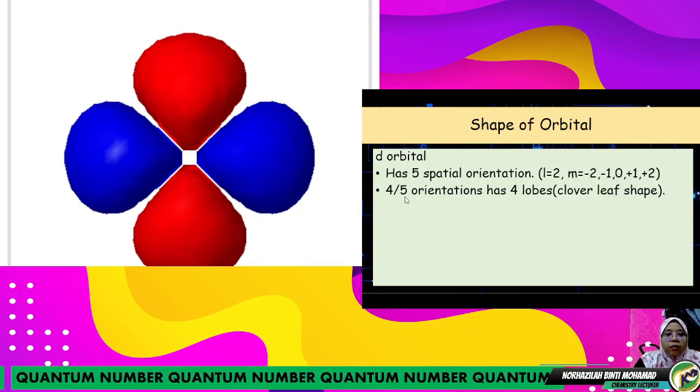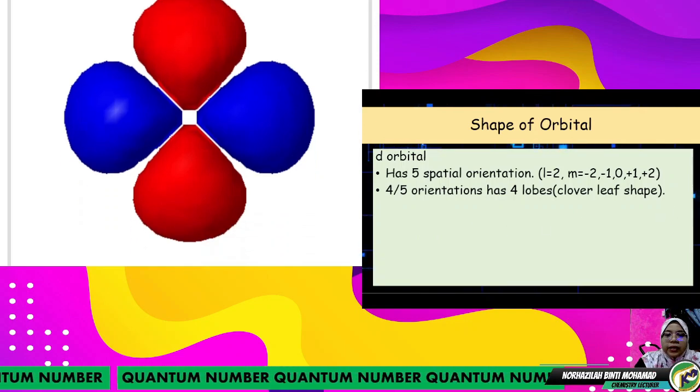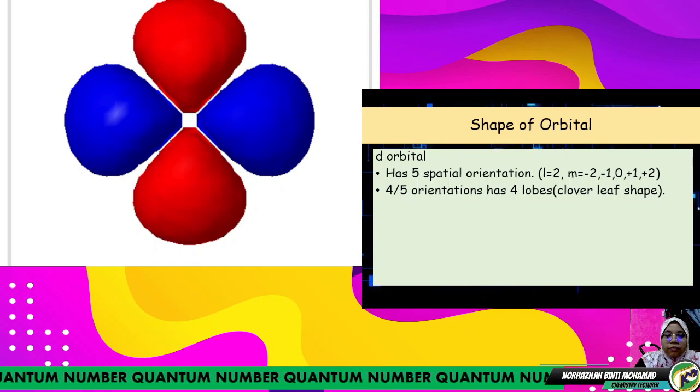Four of the five orientations have four lobes. It looks like a clover leaf shape. If you can see here, we have four lobes.